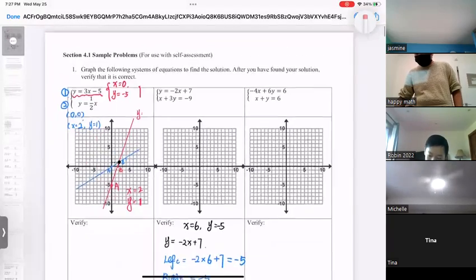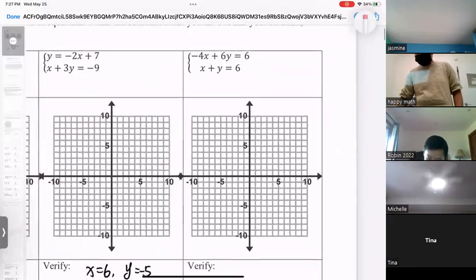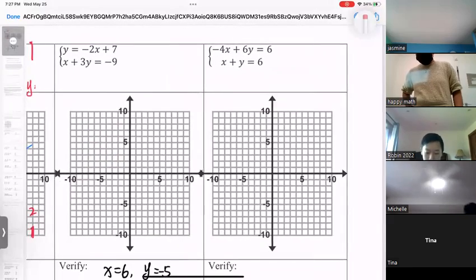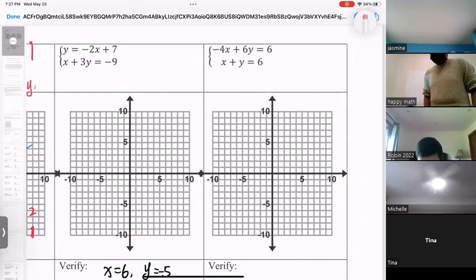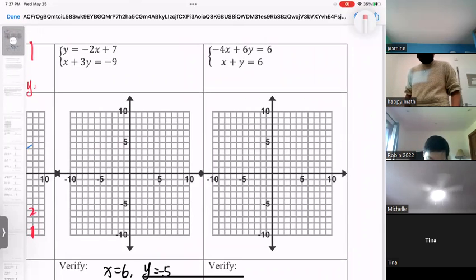We're working on lesson 15 and question 3. We have to first draw the linear equation, the linear function, that is, negative 4x plus 6y equals 6. Can you draw the linear function?